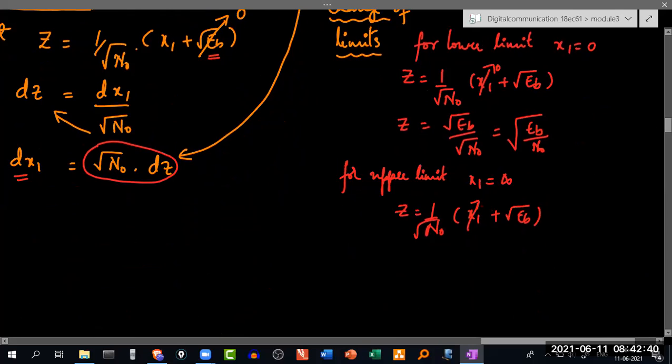If x1 is equal to infinity, anything added to infinity is as good as infinity, as well as anything multiplied with infinity is infinity. So the upper limit still remains infinity. So let's make use of this as well as this in our equation.